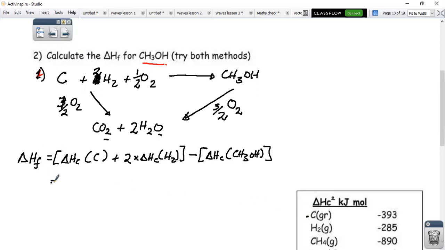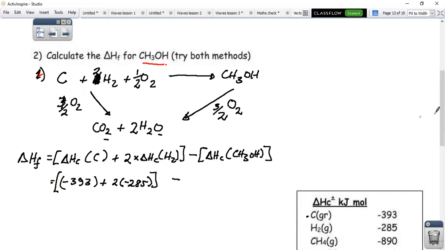And what does this give me? Minus 393, okay? Plus there's 2, I've got 2 moles of hydrogen here, and I can see that for 1 mole, it's minus 285, but I've got 2, so I've got to say plus 2 times minus 285, okay, back in square brackets.